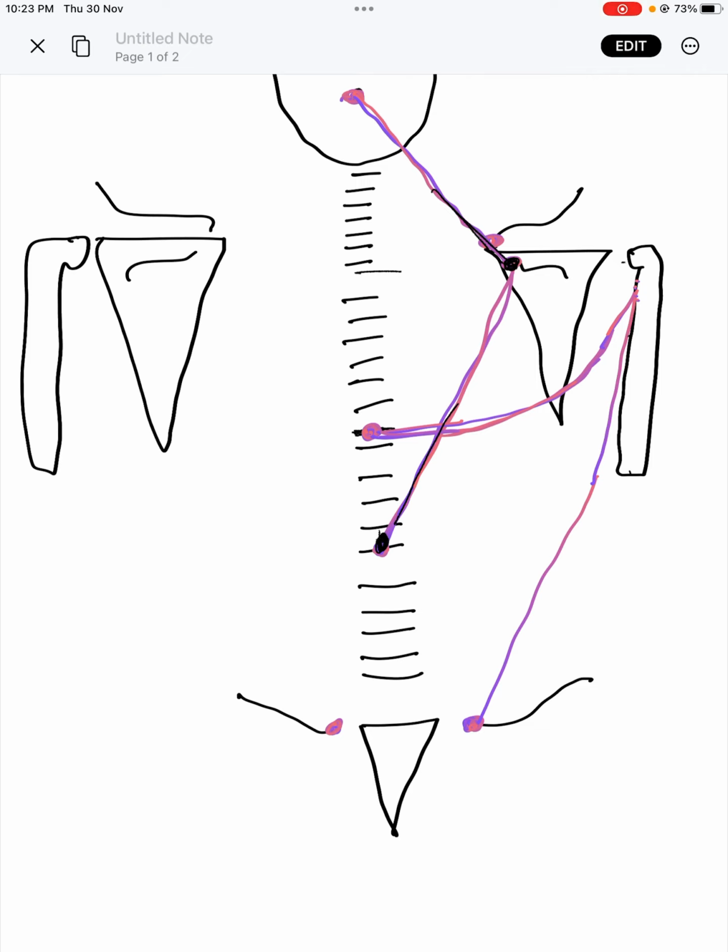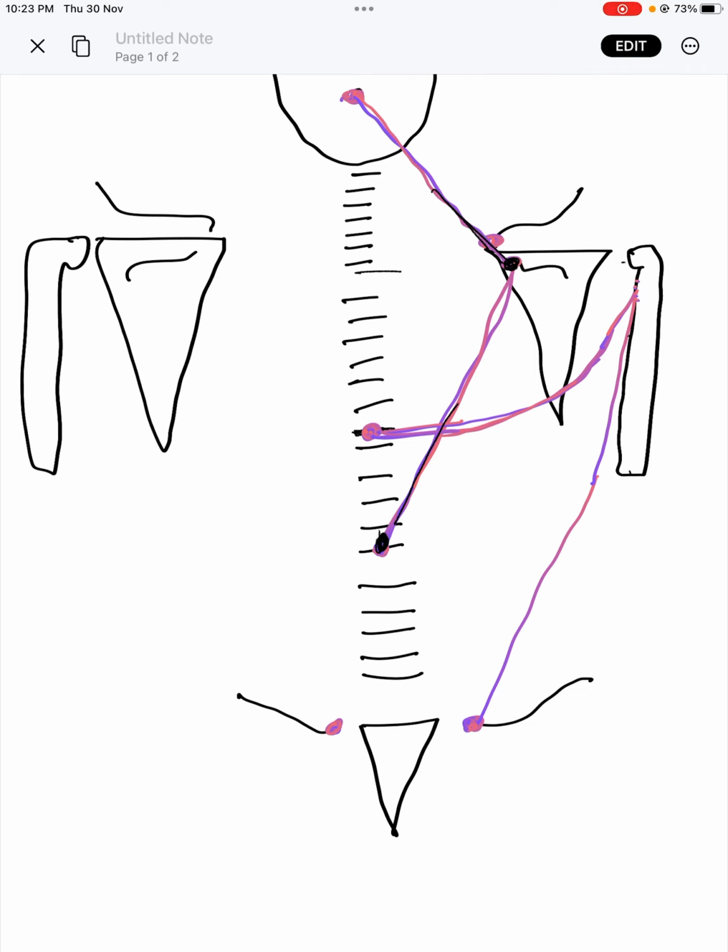Don't put more beautification into your diagrams, just put the facts, just get the points correctly, okay, and you will be able to do it. I'll show you maybe one or two more. We will just finish the second layer of muscles in the back, that is your rhomboid major and rhomboid minor, right?